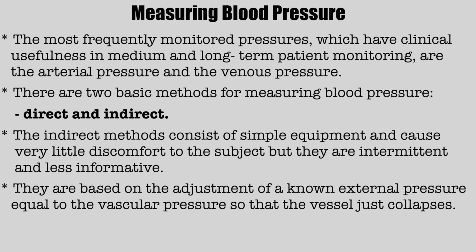The indirect method consists of simple equipment and causes very little discomfort to the subject, but it is intermittent and less informative. It is based on the adjustment of a known external pressure equal to the vascular pressure so that the vessel just collapses.